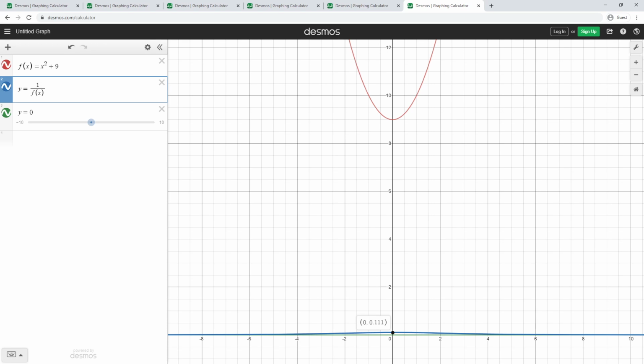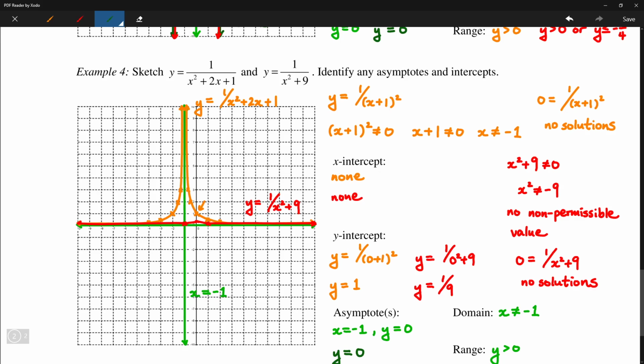Okay, so going back to the notes, we found no non-permissible value, so the domain of y equals 1 over x squared plus 9 has no restrictions, and its domain is x is an element of the real numbers. And the range is going to be greater than 0 but less than or equal to 1 over 9.